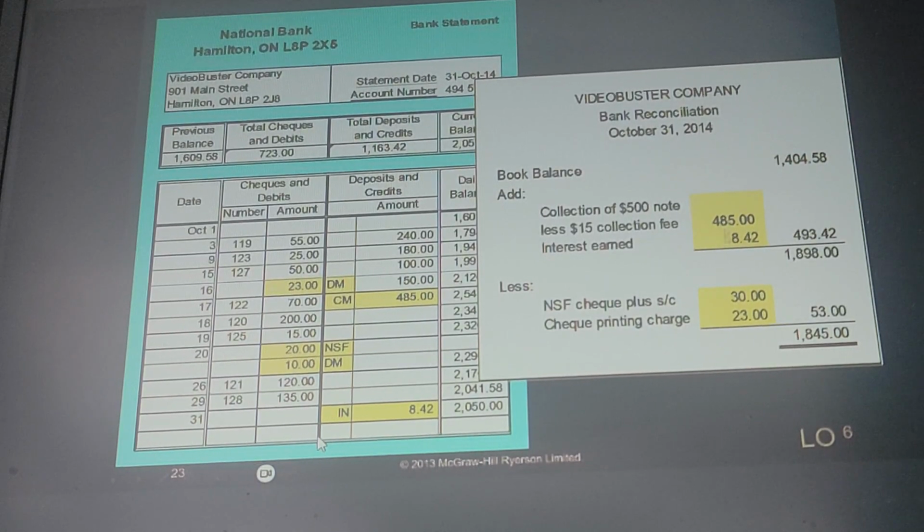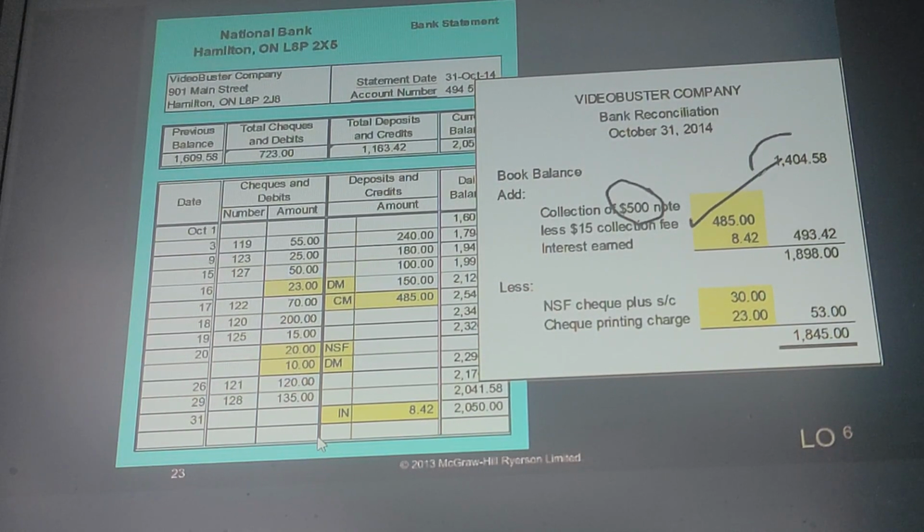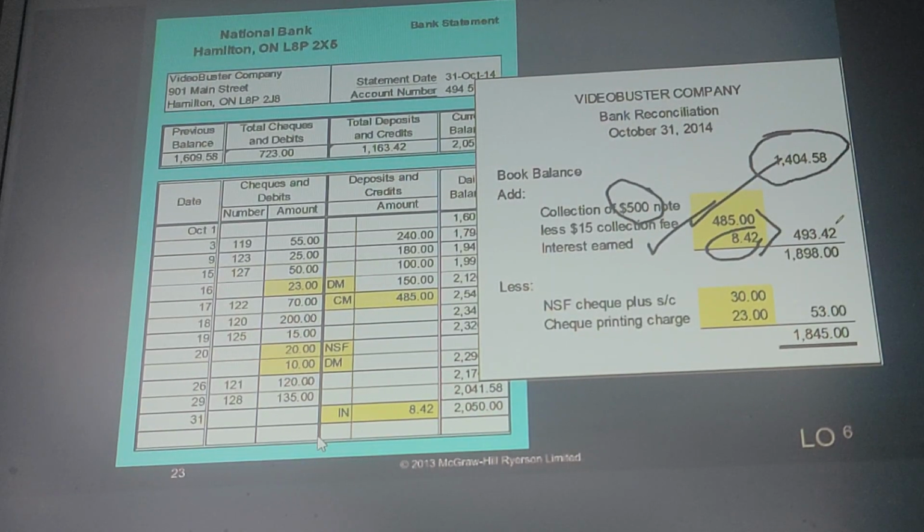So these I'm adding to the bank balance, things I'm not aware of. I didn't know that the bank collected this note for me. He said we collected and we charged you 15. So I record to the bank balance, I'm adding the 485. He said you earned interest this much, so this much I add. This plus this is 493.40. I added to this.